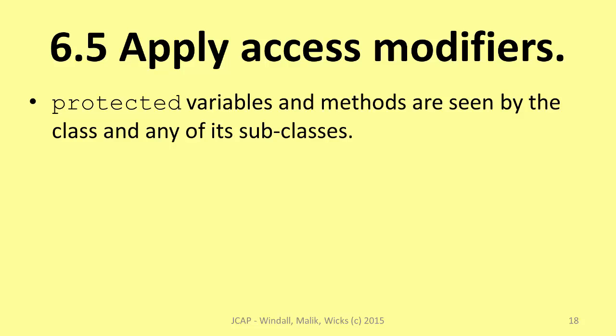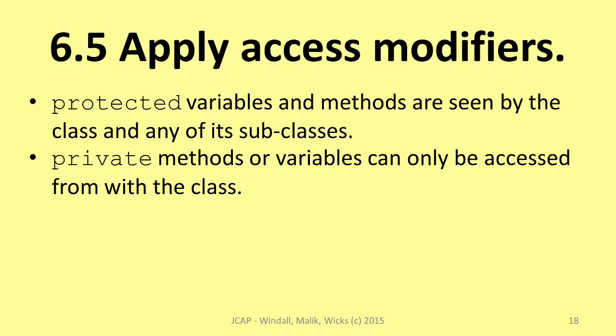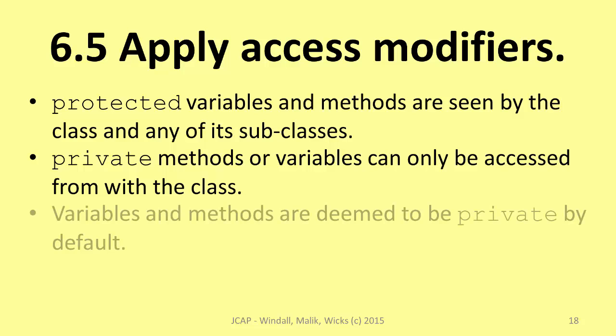That is hidden. Private methods or variables can be accessed only from within that class, so they can't be accessed from outside at all. Variables and methods are deemed to be private by default, so if you don't declare something as being protected or public, it's assumed to be private.